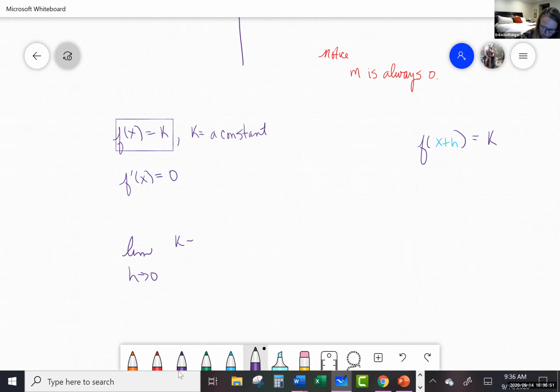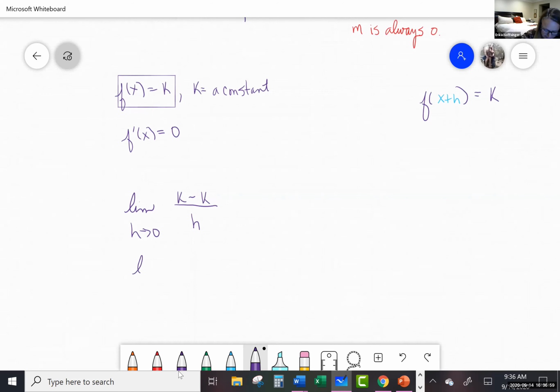Minus f of x, so minus k, all over h. So this gives me the limit as h goes to 0 of 0 over h. But 0 over some number other than 0 is always 0. And remember, h is going to 0. It's not actually going to be 0. So we just showed that the limit of a constant, or the derivative of a constant, is 0.